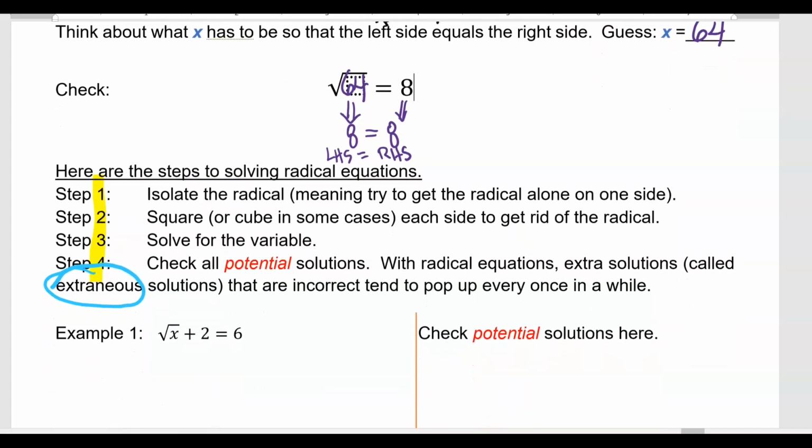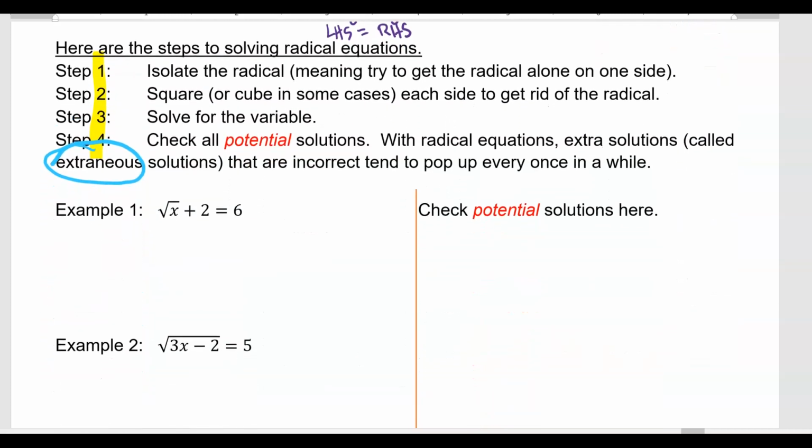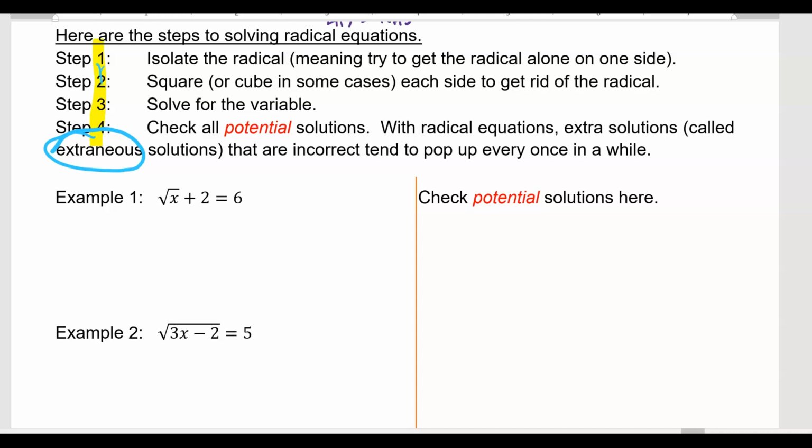work on example 1 using those steps that we just went over. Now, step 1 was to isolate the radical. I want you to notice that the radical is not by itself because we have the radical here, but we have all of this stuff on the same side as the radical. So we're going to have to get rid of that, okay?